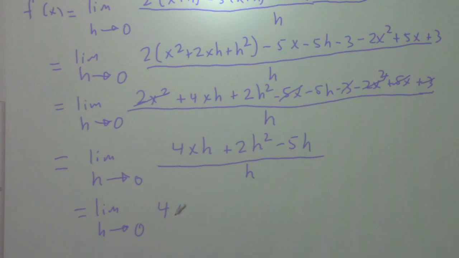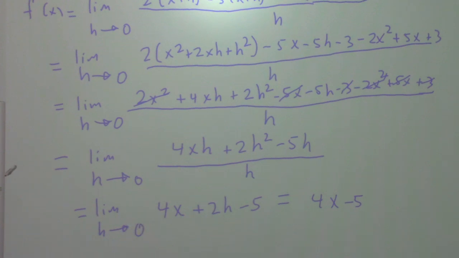So 4x, and then what's 2h squared divided by h? Plus 2h, and then what's negative 5h divided by h? Negative 5. And so now, if we plug in 0 for h, we have 4x minus 5. All right?